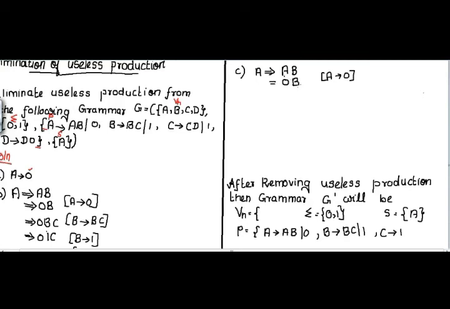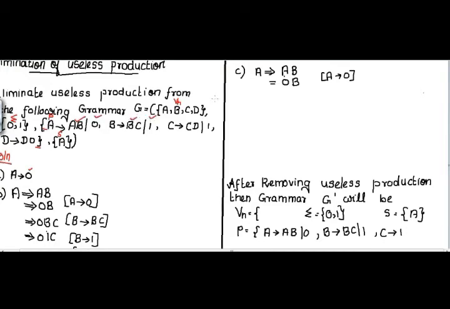So I got 0B. Now instead of B, either I can substitute B tends to 1 or I can substitute B tends to BC. I have already checked that these productions are useful productions: A tends to AB, A tends to 0, B tends to BC, B tends to 1.